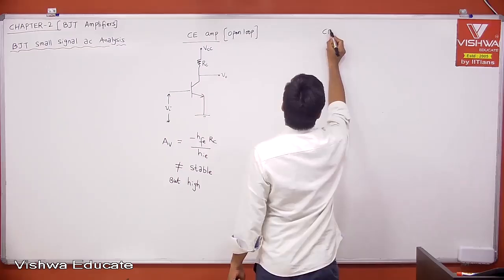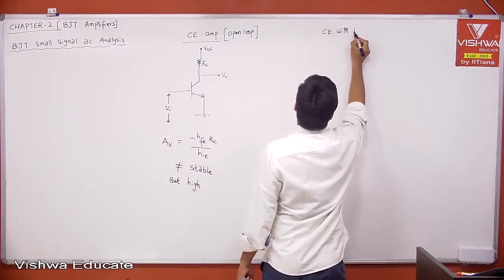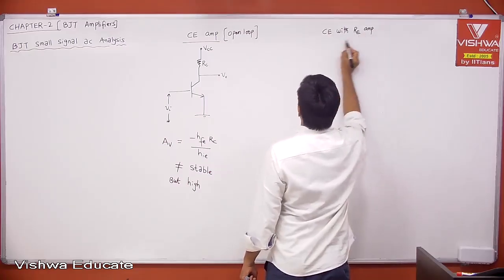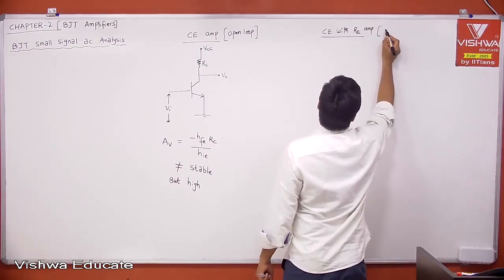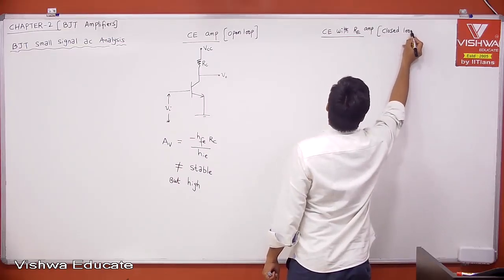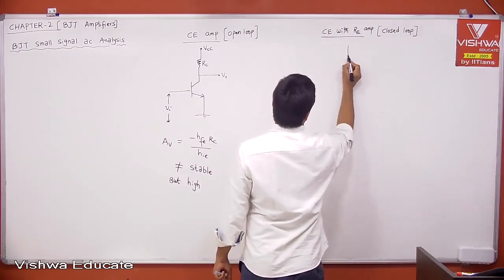Now, if you take the CE with RE amplifier, remember this is simply revision, but I want to explain one point. This is nothing but having negative feedback, a closed loop amplifier with negative feedback.